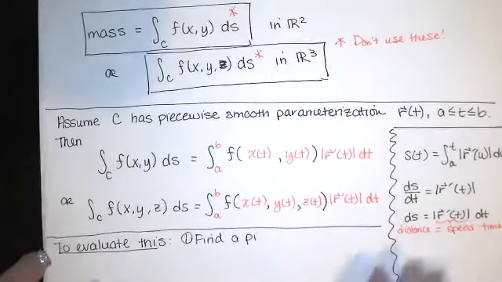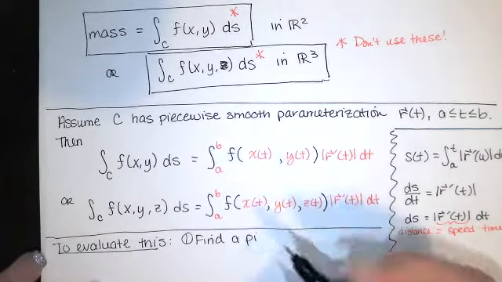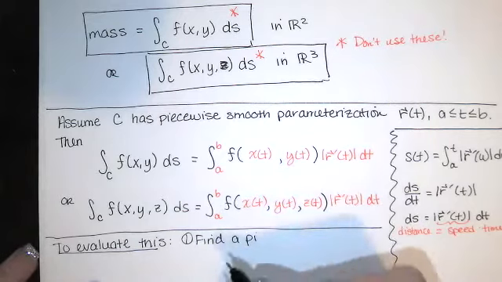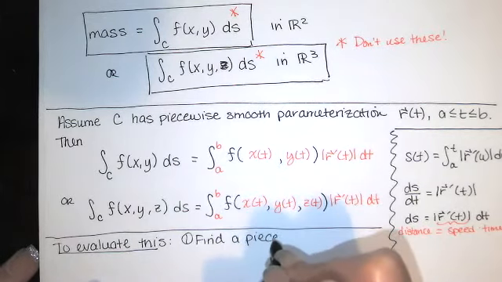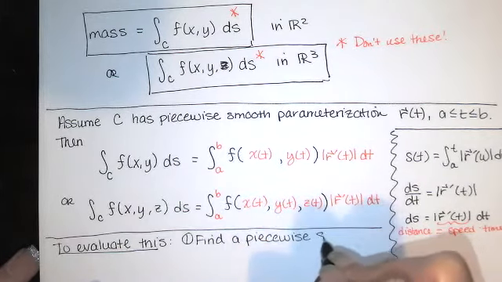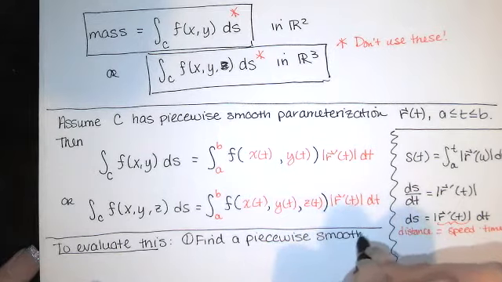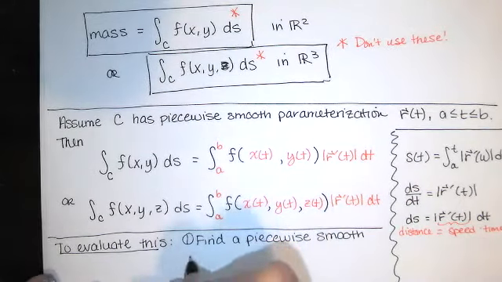It's pretty simple. Now, if they don't give you the piecewise smooth parameterization, you have to find that yourself. And again, I'm going to remind you what that is in just a second.